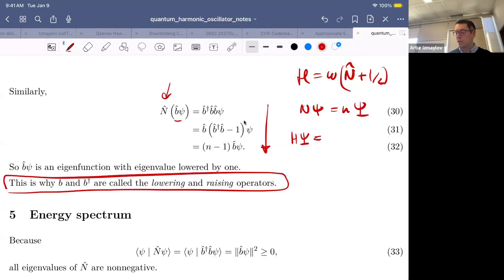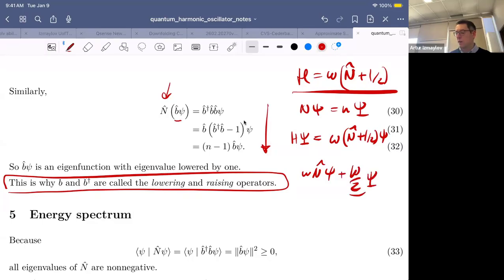If we apply H to psi, it would be omega n plus 1/2 applied to psi, which means we're applying omega n to psi plus omega divided by 2 to psi.